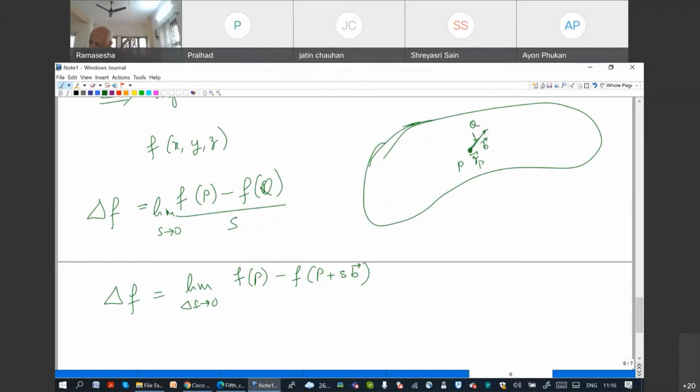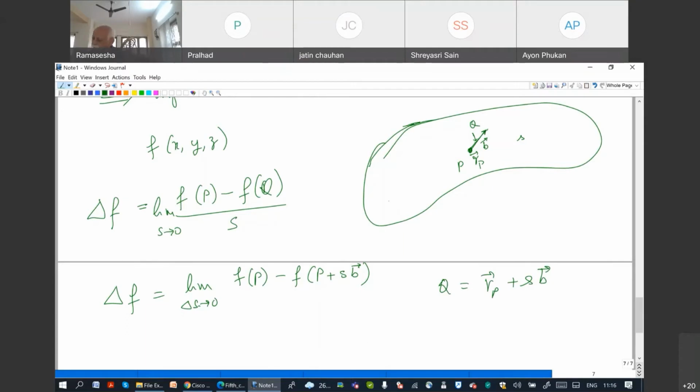And how do I move along the straight line? By changing a parameter S, that is, I'm multiplying a small parameter S into the vector B and adding it to the position vector RP. So the point Q is actually RP plus SB.